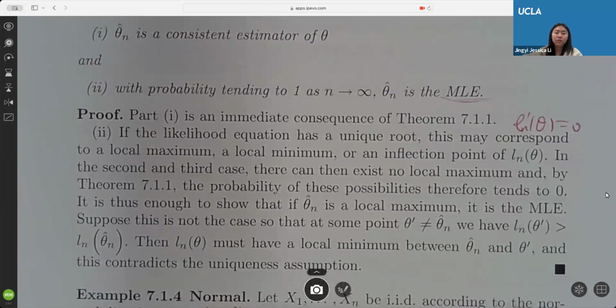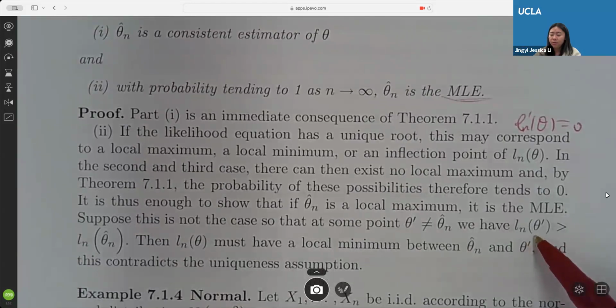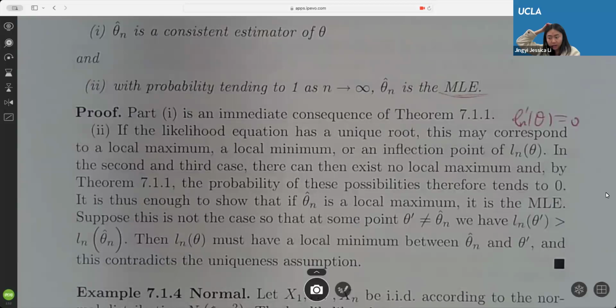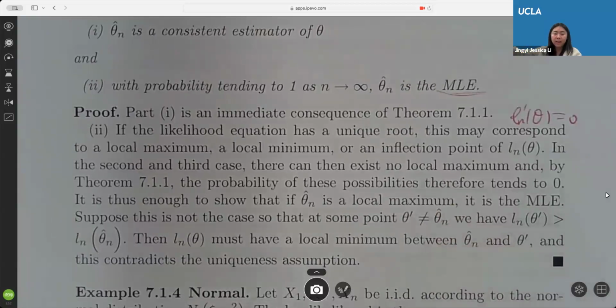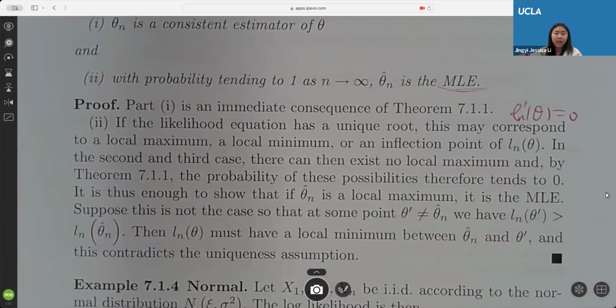It is thus enough to show that if theta hat n is a local maximum, it is the MLE, because there's only one solution. Suppose this is not the case, so that at some point theta prime not equal to theta hat n, we have a larger log likelihood. Then theta hat n is not the global maximum, and Ln(theta) must have a local minimum between theta hat n and theta prime, which contradicts the uniqueness assumption.